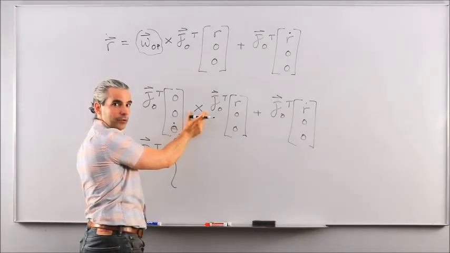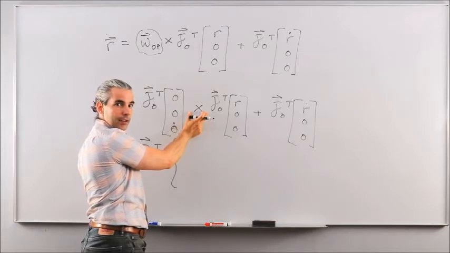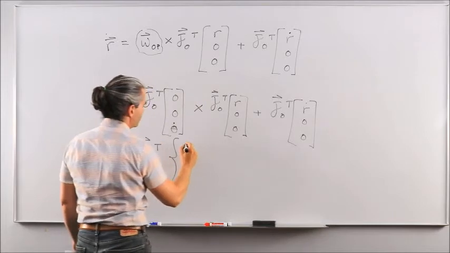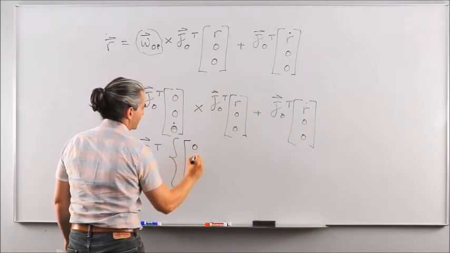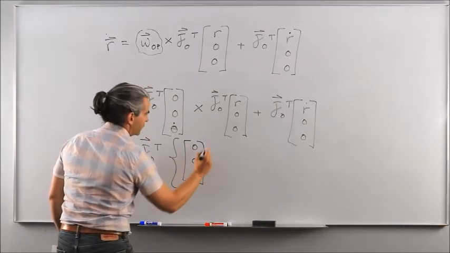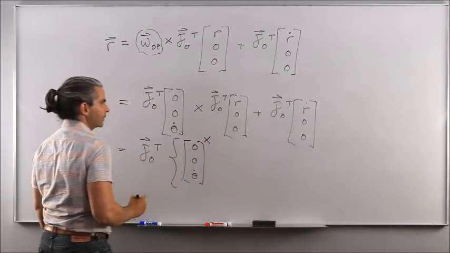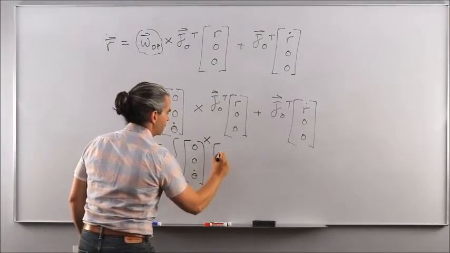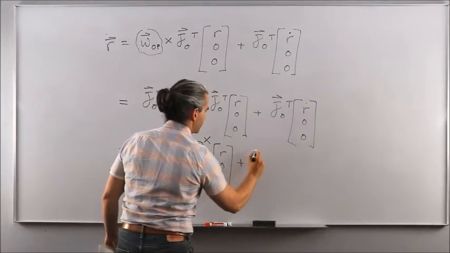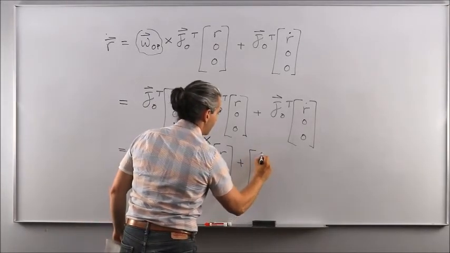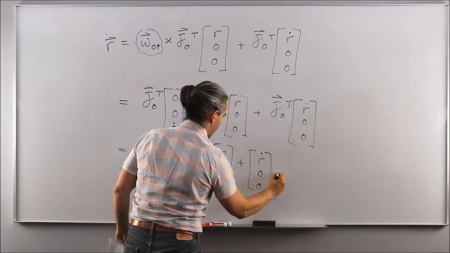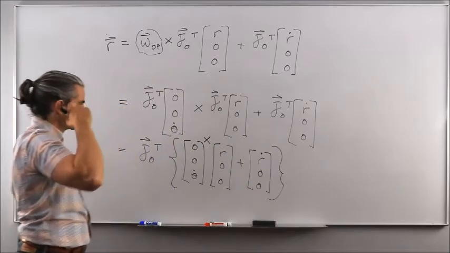It has to be applied to vectors. So the cross product is a vectorial operation, but the equivalent in terms of components is the skew symmetric matrix. I'm going to write components like that, and then the skew symmetric matrix times r, 0, 0, and then plus r dot, 0, 0. Excellent.